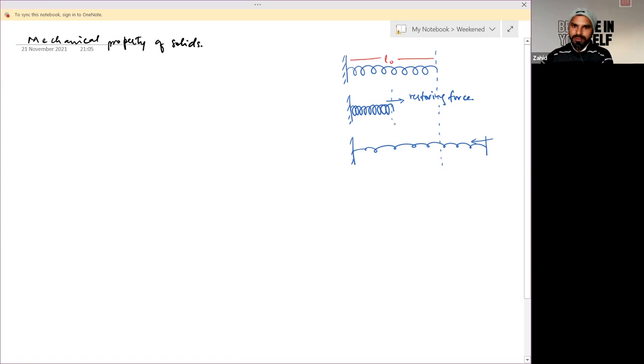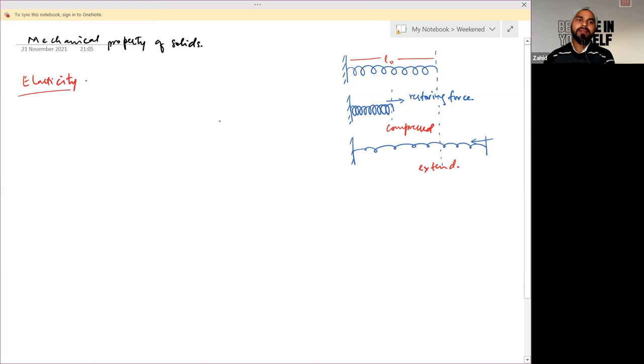If you compress it to this length, or extend it to this length, a force is developed in the spring which tends to restore its original length. That force is termed the restoring force, and the tendency by which this force arises due to compression or expansion is termed elasticity. So we first define what we mean by elasticity.